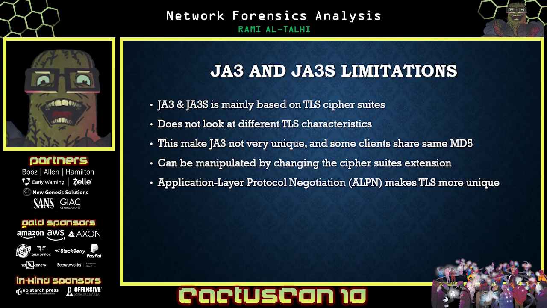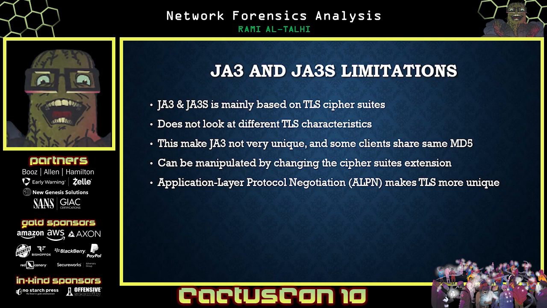Bear in mind that these MD5 fingerprints might match with others. So there is a percentage of false positives within the JA3 and JA3S. This should be considered once you are building the use cases and doing the threat hunting or investigation.